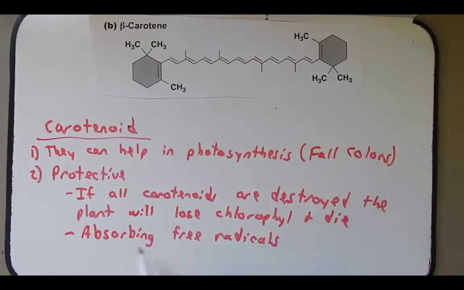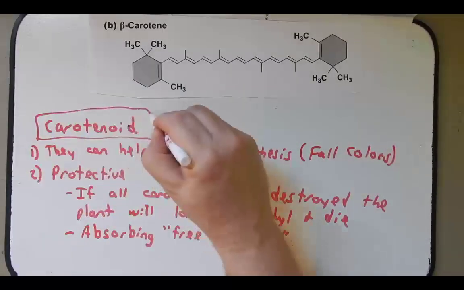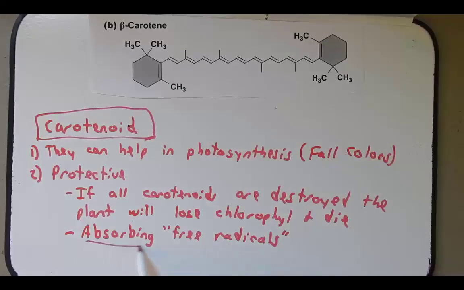All those photons entering this system can generate free radicals, which can damage the DNA, as well as proteins in the cell. So as long as these carotenoids are present, they will absorb these free radicals and protect the plant cells against damage caused by these radicals. Once the carotenoids are gone, that protection is also gone, and the plants will die.